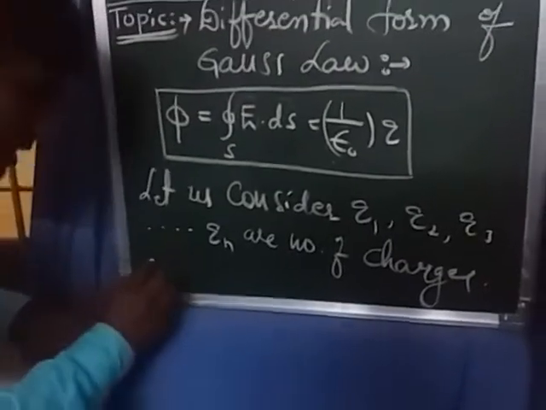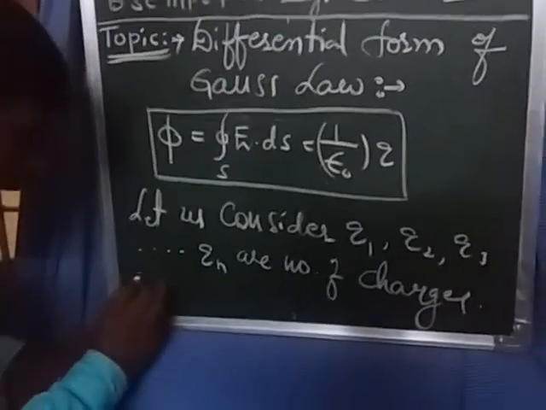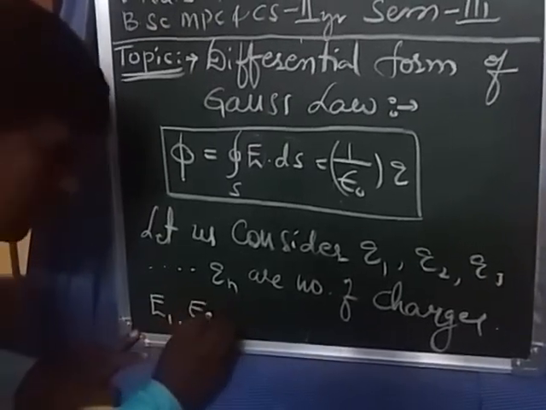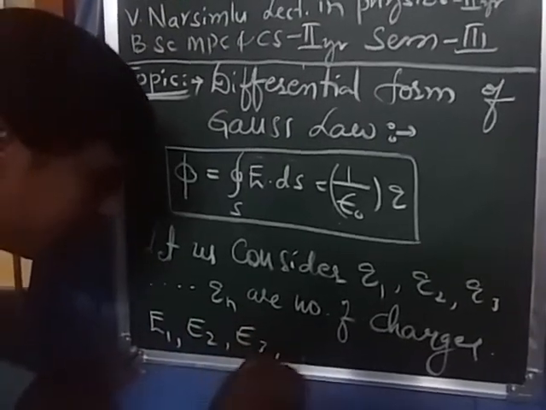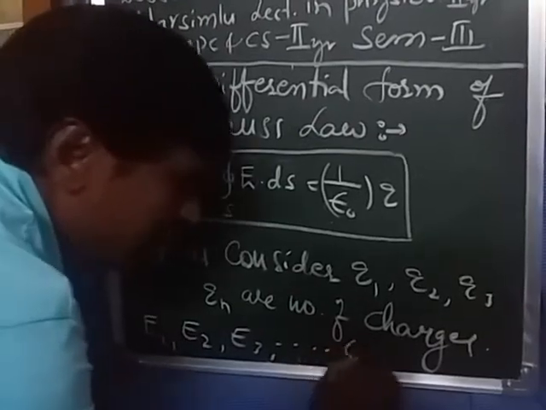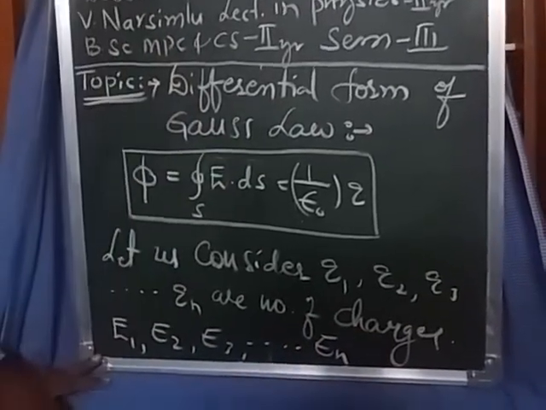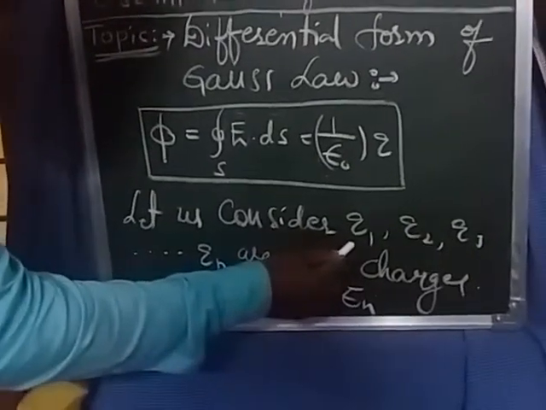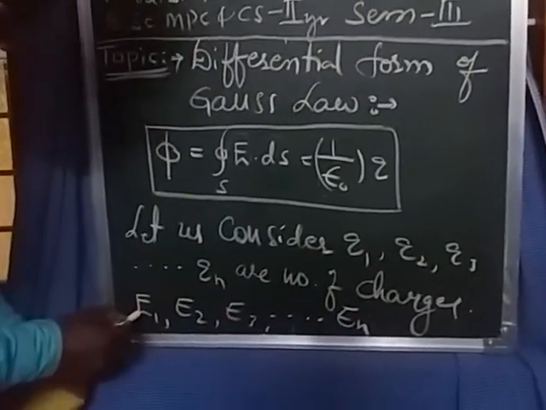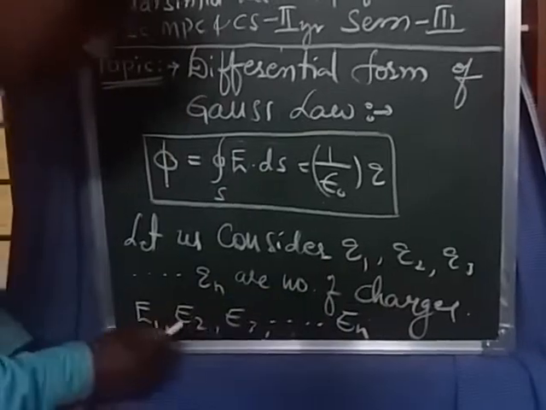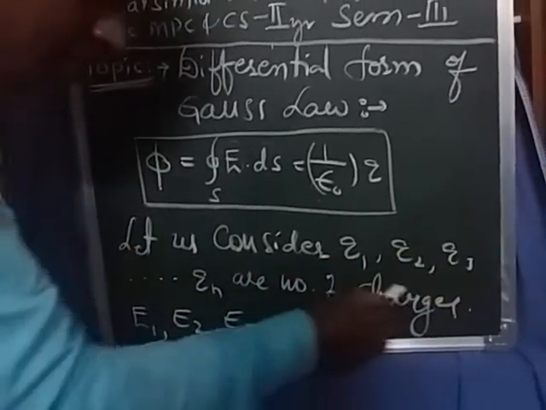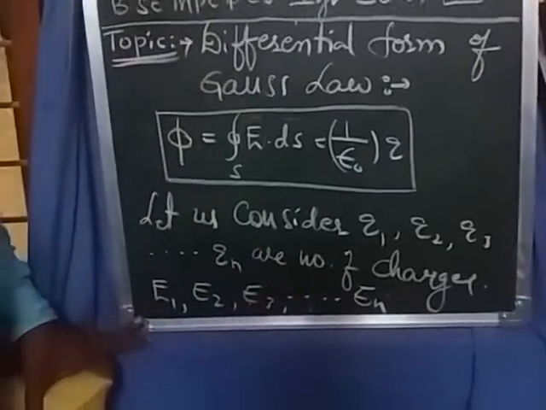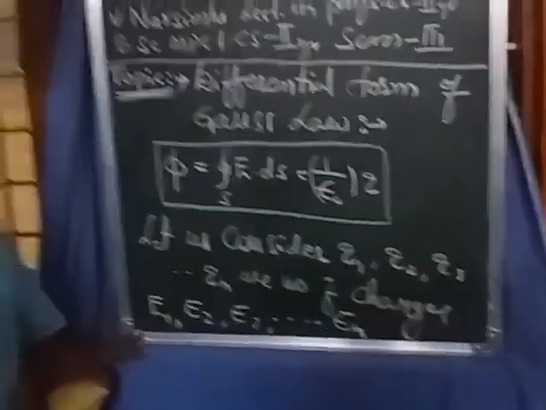The corresponding intensity of the electrical field is represented by E1, E2, E3, and so on up to En. So with the charge Q1 there is intensity E1 of the electrical field, Q2 has E2, Q3 has E3, and Qn is represented by the intensity En.